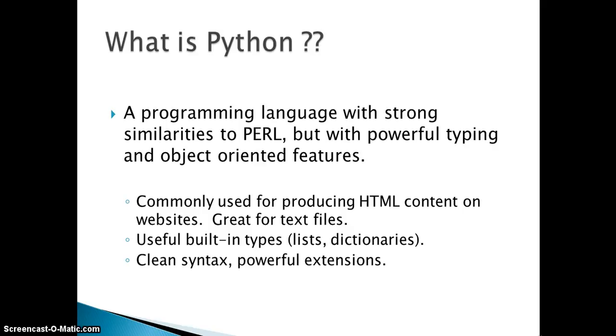It has a lot of built-in types like lists, dictionaries, tuples, and maps. It has a very clean syntax and very powerful extensions. Python can be used when you want to generate reports for your downstream, because we have very powerful regular expressions available in Python.